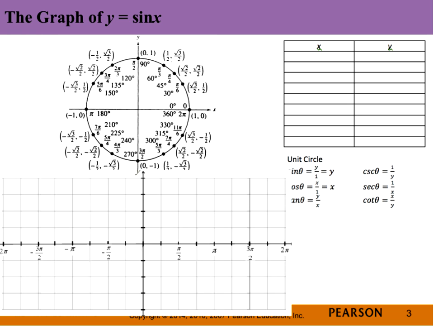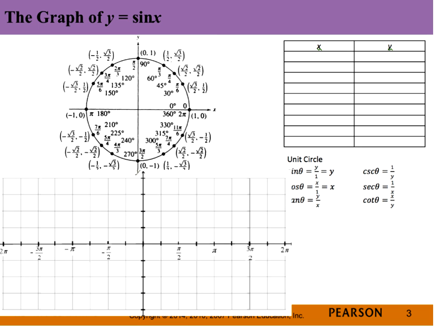Okay, so let's go ahead and jump in here. I put a picture of the unit circle here so that it was clear where I was getting all of these values from. My suggestion is that as you're working through this homework that you have a copy of the unit circle in front of you, especially this one that has all the points on it. It's got the radian and the degree measures.